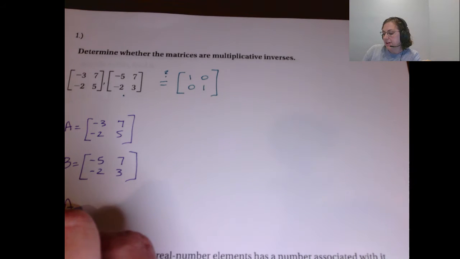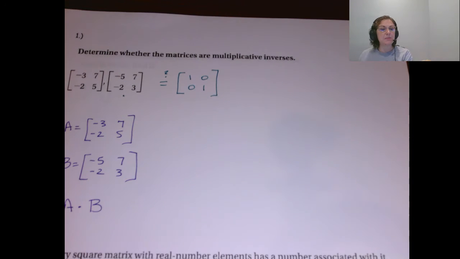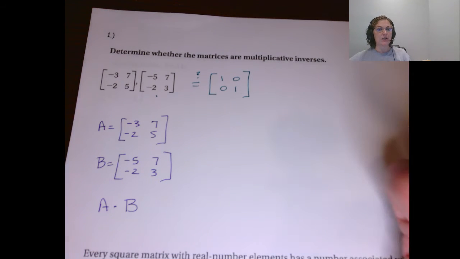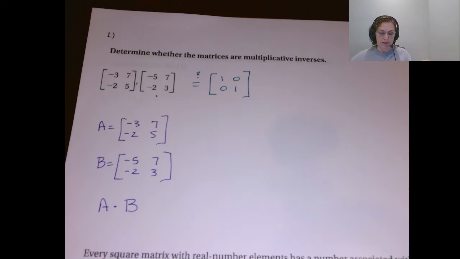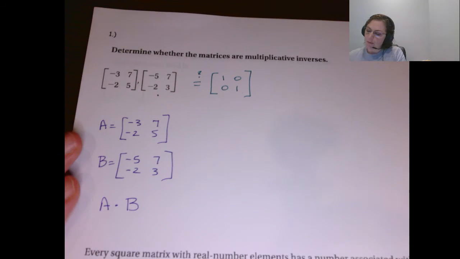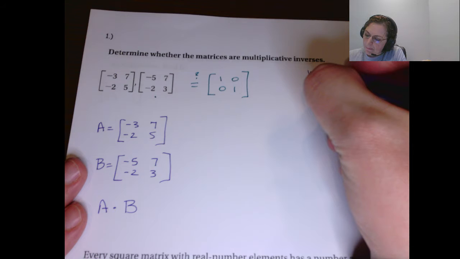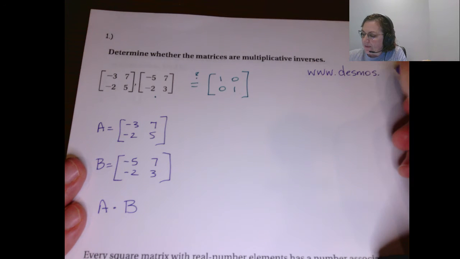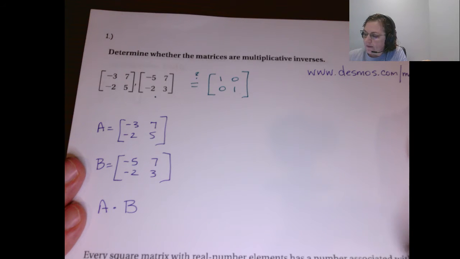And then in the calculator, I'm going to ask it to do A times B. And if I get that identity matrix, I know then that these are inverses. Okay, so I hope that makes sense. Just as a reminder, we wrote it on our other paper, but the website you're going to is desmos.com/matrix.